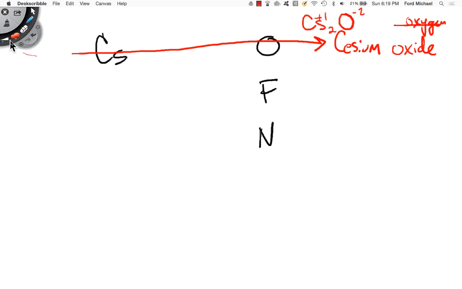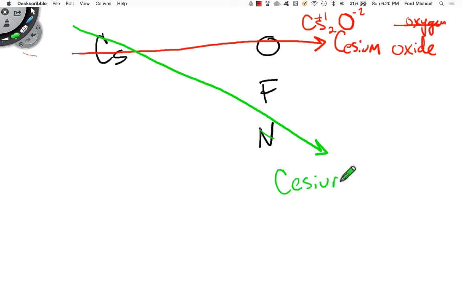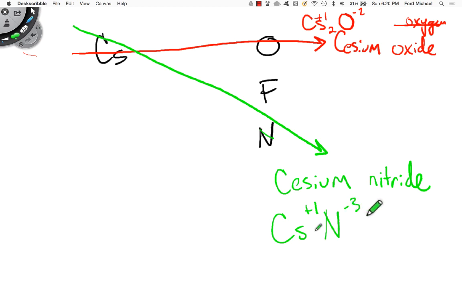All right, let's do another one. I'm going to do one more here. Yes, I'm going through nitrogen here. All right, so here we have cesium nitride. Cesium is plus 1. Nitrogen, as we went through before, the ion of nitrogen, when it gains 3 electrons is -3.